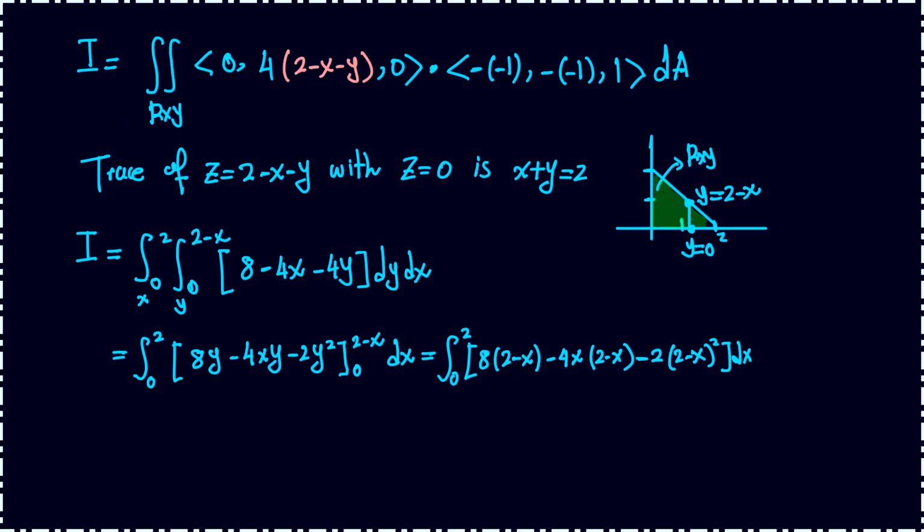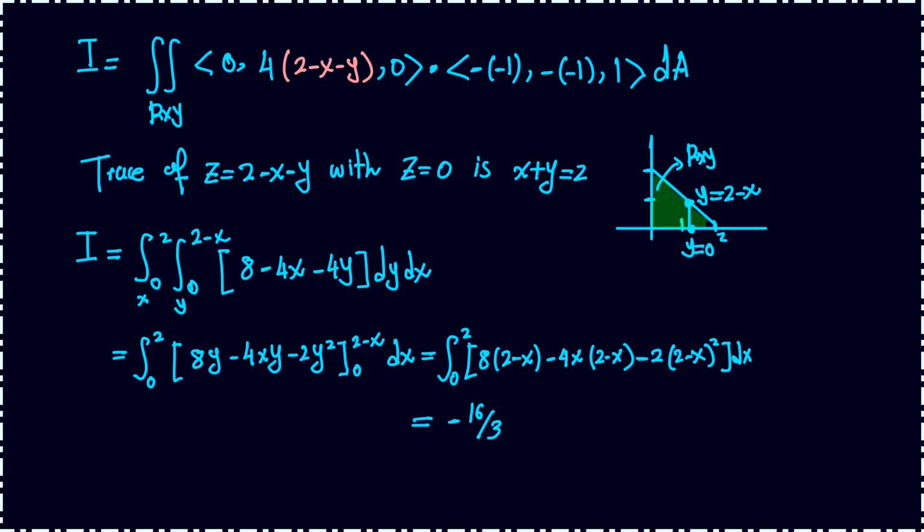Okay, and then you're going to integrate with respect to x. Now I suggest that you just square this thing, combine like terms, and carry on with the integral. The final answer is going to be negative 16 over 3.